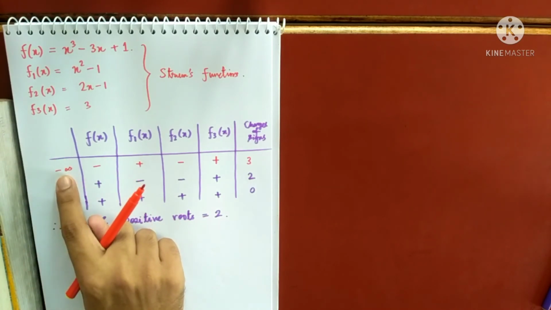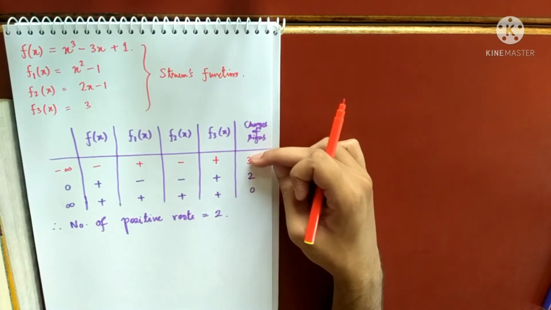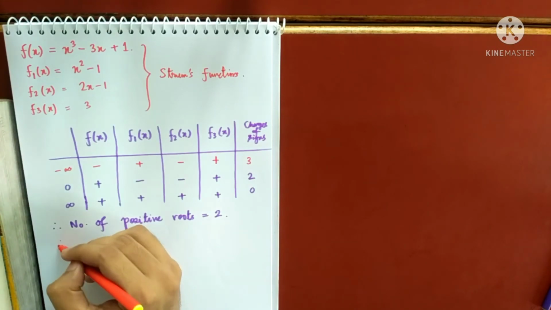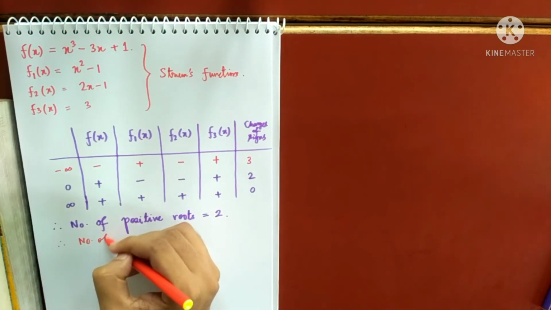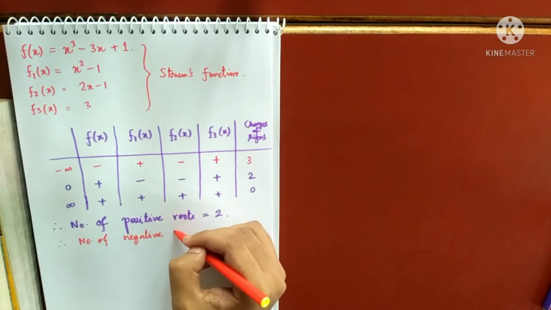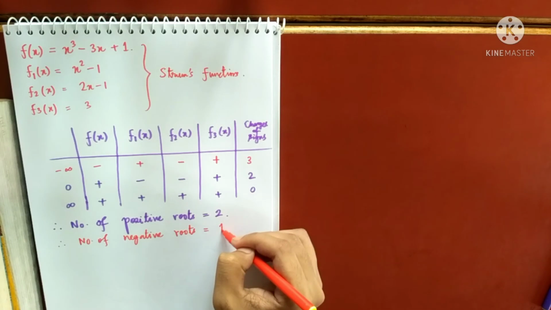1, 2, 3. So how many negative roots are there? You may check from here, this interval. Right? So the excess of sign changes is 1, 3 minus 2 is 1, because I am taking this interval. So the number of negative roots, definitely real roots, because negative and positive mean they are real, is 1.